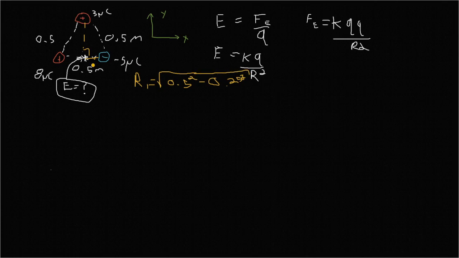That's just from the Pythagorean theorem. So this is this R value, and now we could start substituting. This R is approximately 0.43.